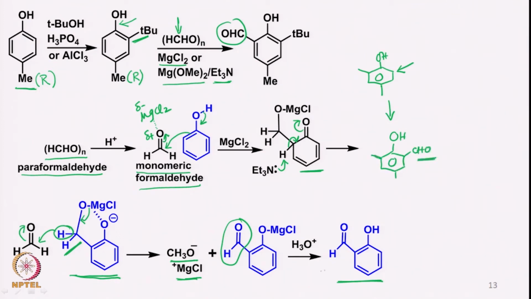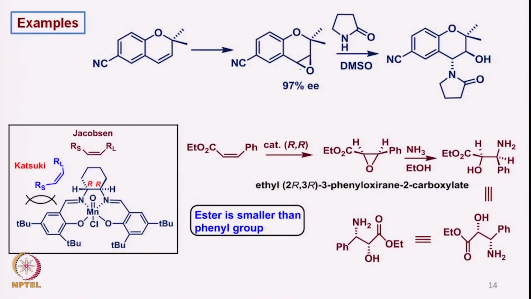So, we can have not only simple salicylaldehyde, but many substituted salicylaldehydes, as we have seen here. So, this is how the mechanism of the introduction of the formyl group at the ortho position of the phenol occurs. Now, what are the examples that we can look at?